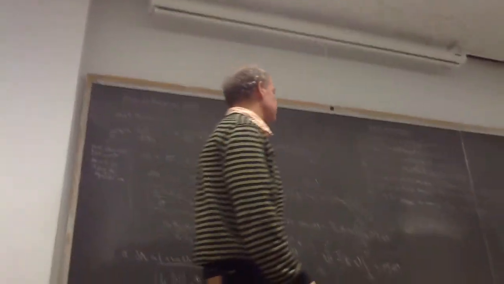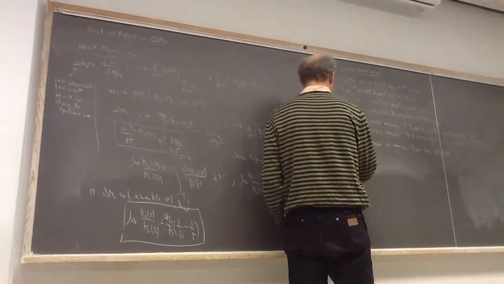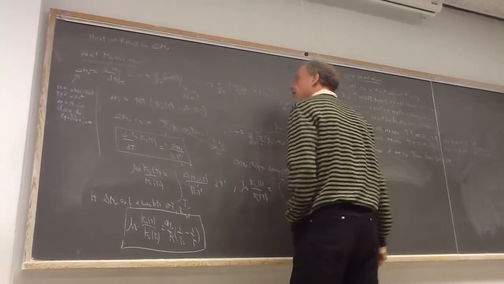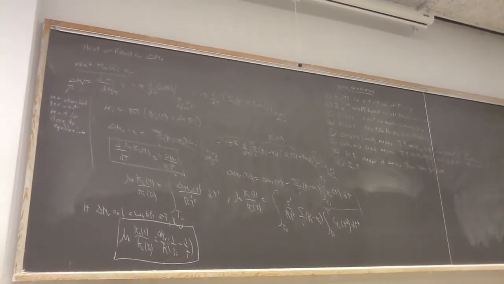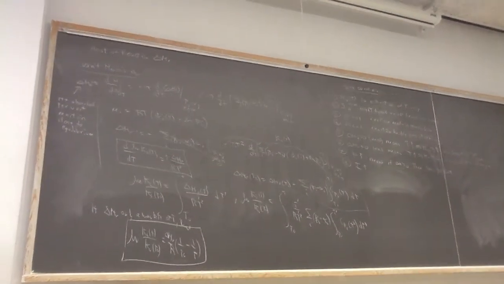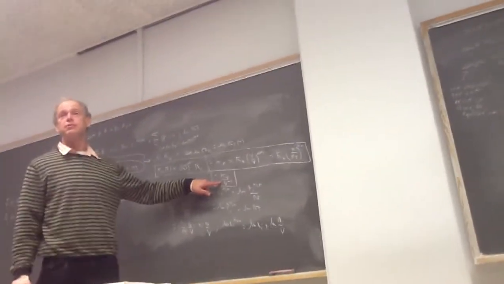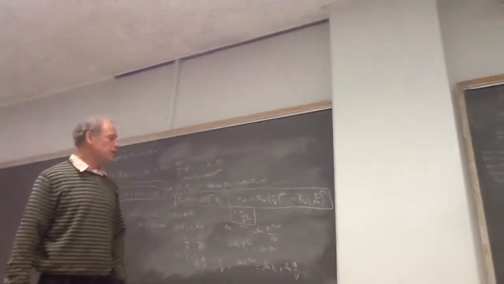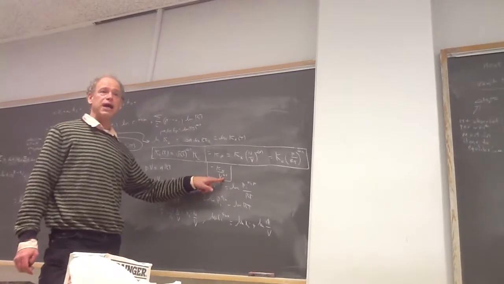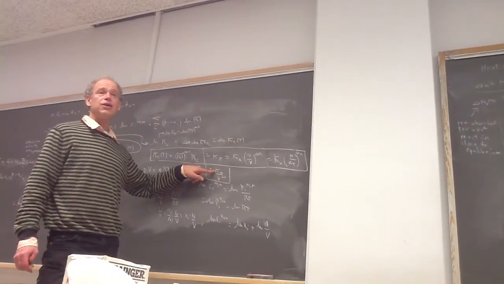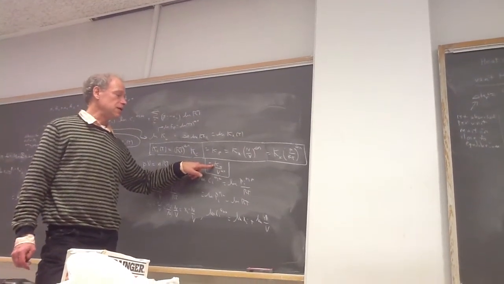How about if I increase the amount of inerts? So if I add some inerts to the system, what happens there? If I increase the amount of inerts, then I increase the volume. If I increase the volume, let's see what happens. If delta N is positive, then I have to increase Kn.